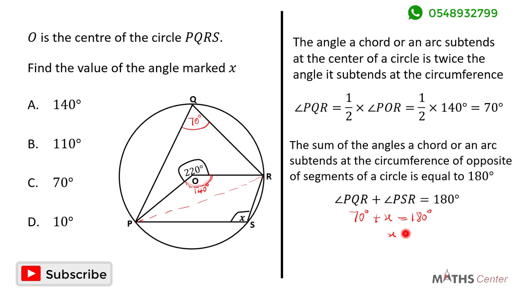And so X will be equal to 180 degrees minus 70 degrees, which will give us 110 degrees. So the value of X is 110 degrees. When you look through the options, you can see that the correct option is B.